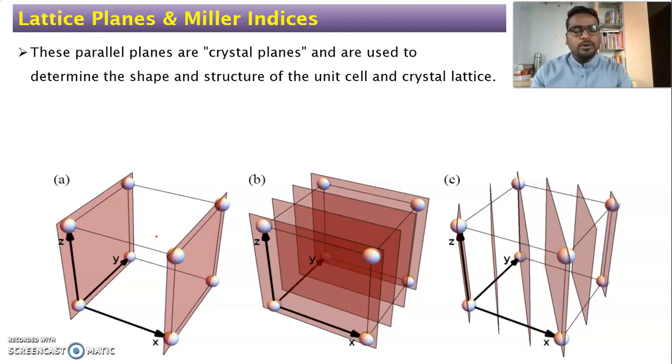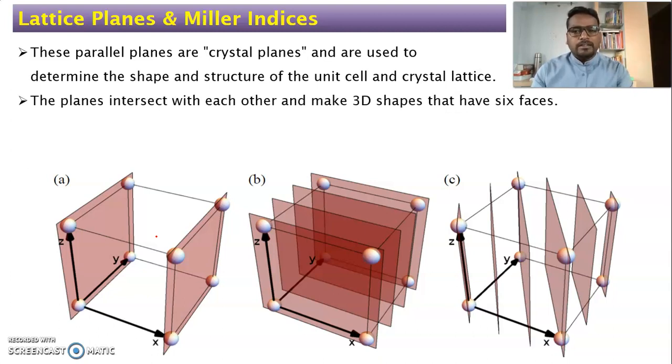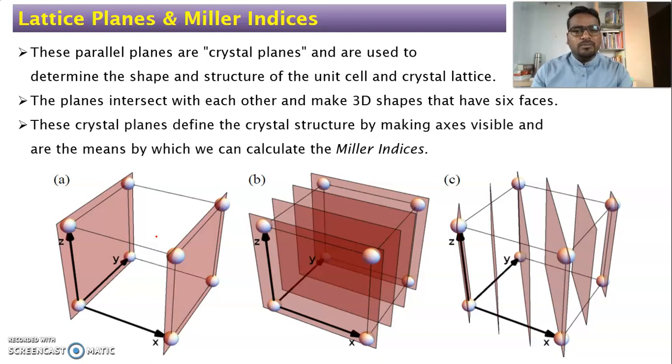That means we express the crystal structure by knowing these crystal planes. Once you know the crystal planes, you can easily understand the 3D structure of a crystal. So these crystalline planes play a vital role in understanding the structure of a crystal.